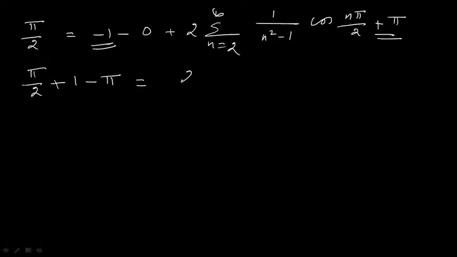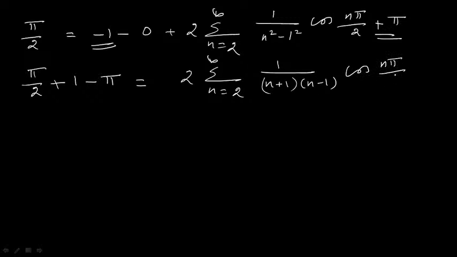That is equal to twice sigma n varies from 2 to infinity 1 over, and to expand this, it is of the form a square minus b square, isn't it? 1 square or 1, whatever that may be. Shall I write this as a square minus b square, which is nothing but a plus b times a minus b. So this can be written as n plus 1 times n minus 1 cos n pi by 2.